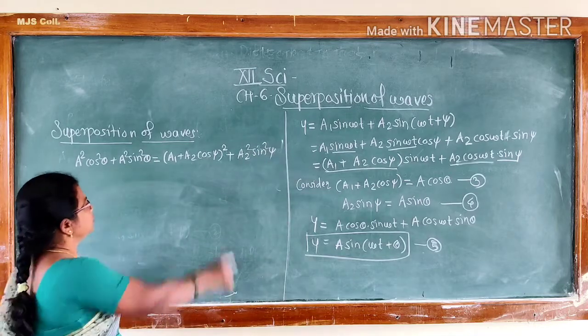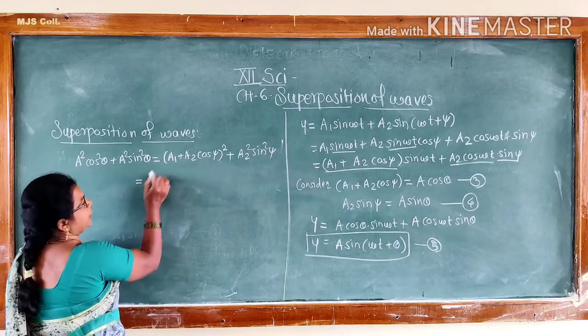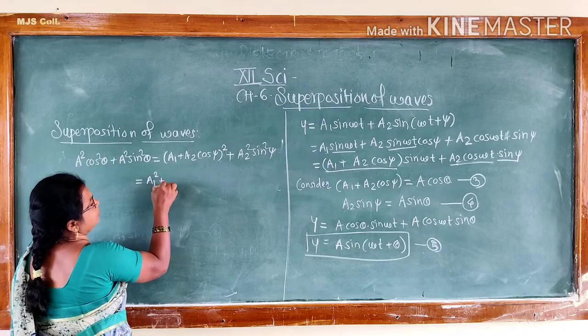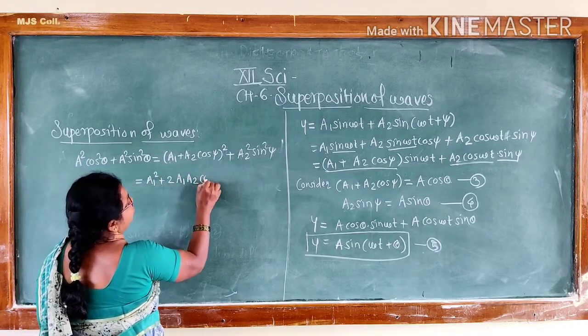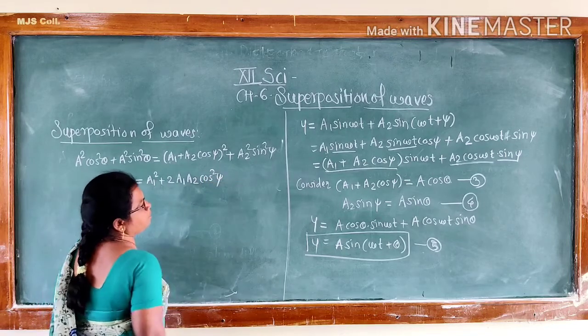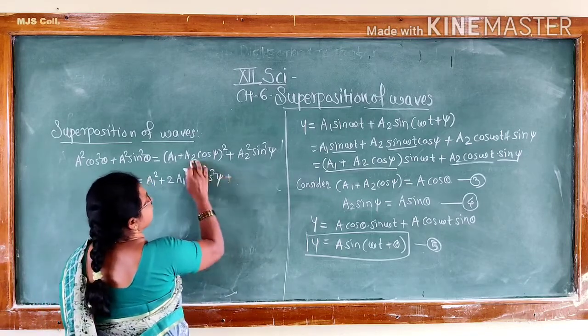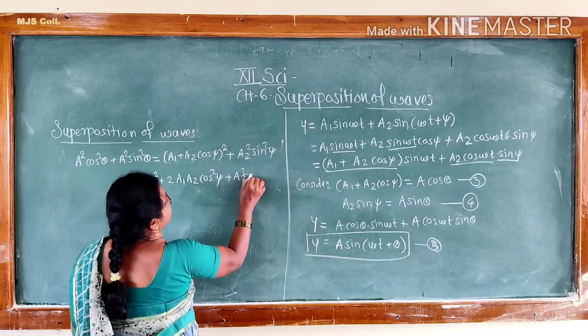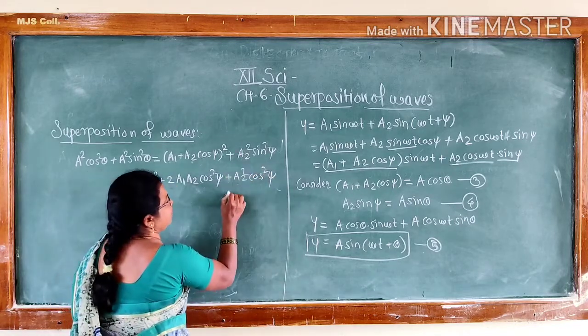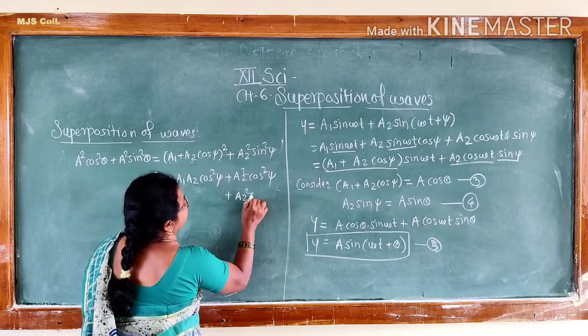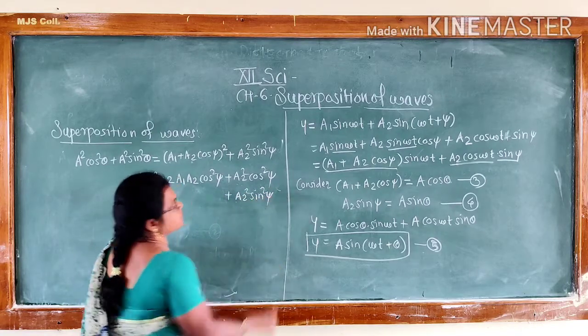Okay? Squaring this, we will get A1 square plus twice A1 A2 cos psi plus A2 square cos square psi, plus this A2 square sin square psi.